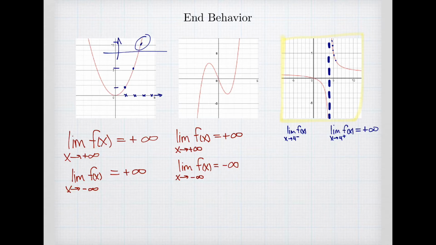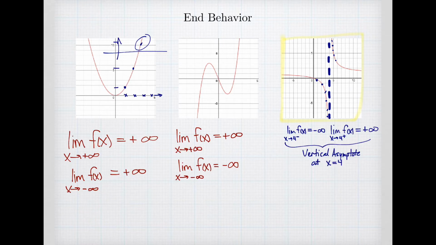And if I approach on the left, if I pick values of x on the left, and those x values are getting closer and closer to 4 from the left, notice the y values of my graph are going down forever, and so I have a limit that f of x approaches negative infinity when x approaches 4 from the left. And so these are the limits associated with a vertical asymptote.